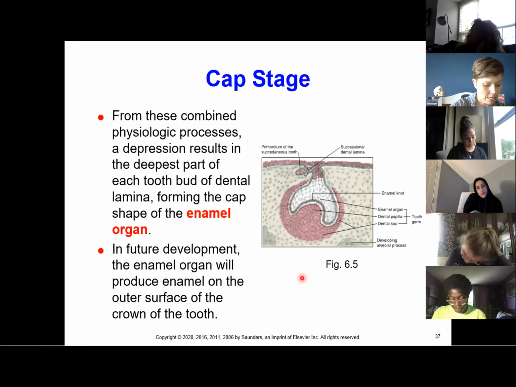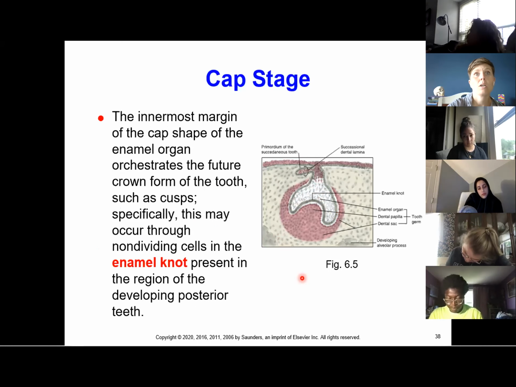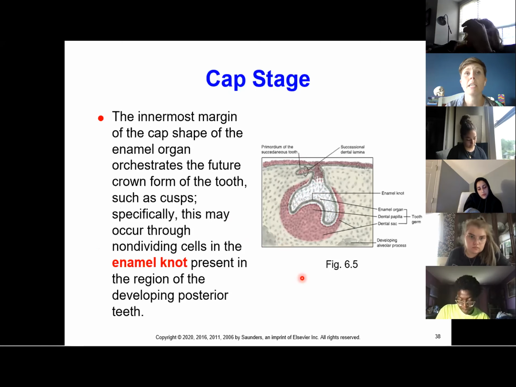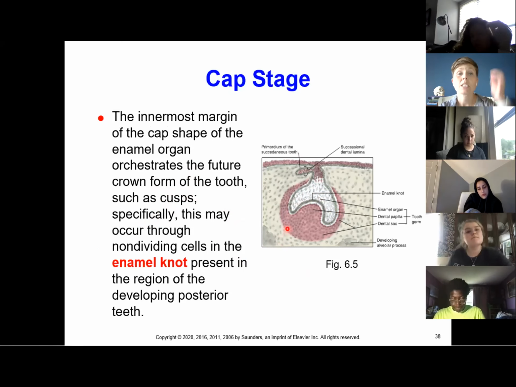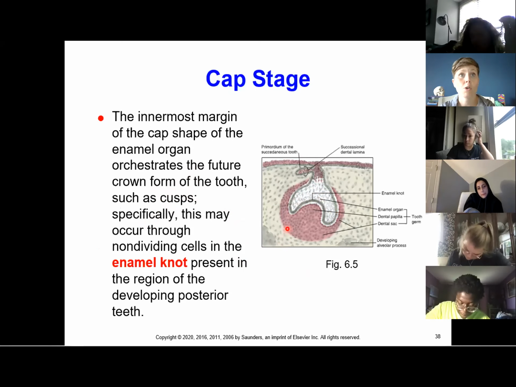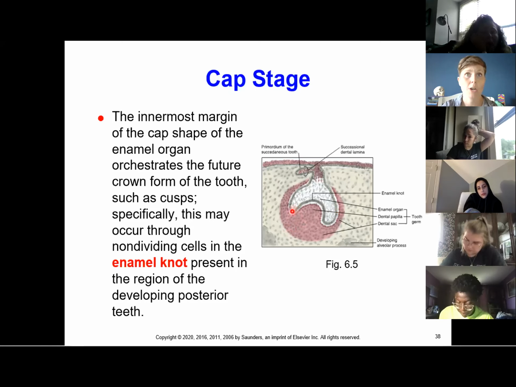And then we'll talk about the innermost margin of the cap shape of the enamel organ, which orchestrates the future crown form of the tooth, such as cusps. Specifically, this may occur through non-dividing cells in the enamel knot, which is here, present in the region of the developing posterior teeth.